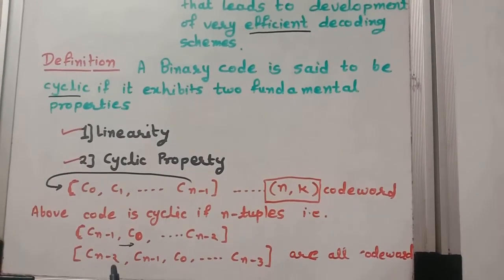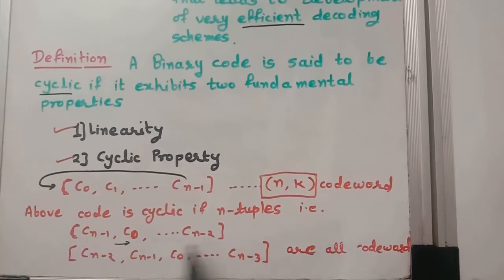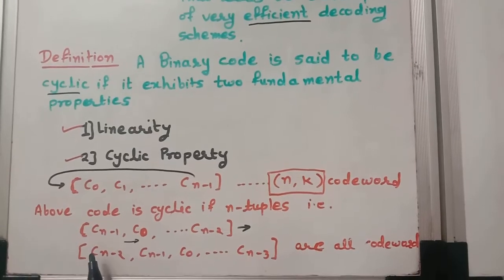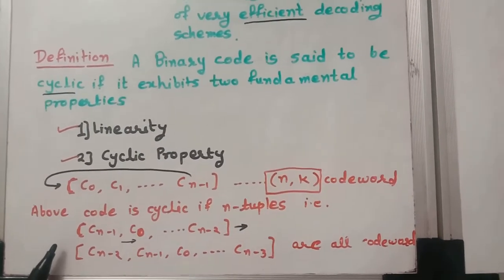Whenever we perform this shifting operation, whatever we get should also be a valid code word. That is nothing but the cyclic property of a code word.